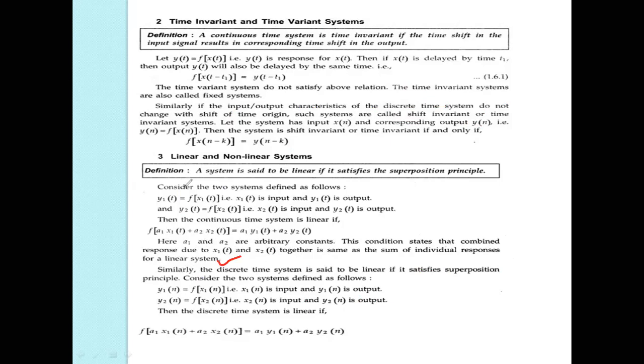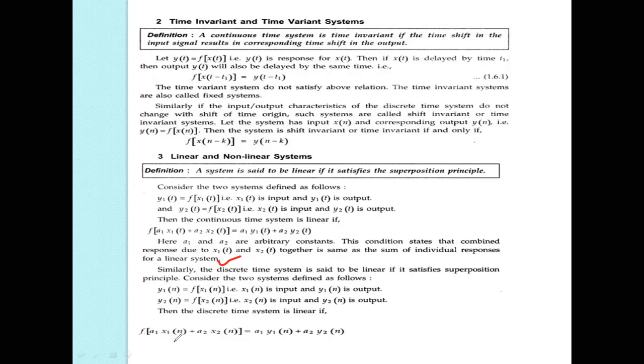Similarly, for discrete time, instead of t, you can use n. y1 of n is equal to a function of x1 of n, that is, x1 is the input and y1 is the output. And y2 of n is a function of x2 of n, that is, x2 of n is the input and y2 of n is the output.